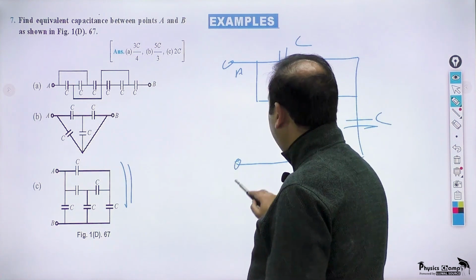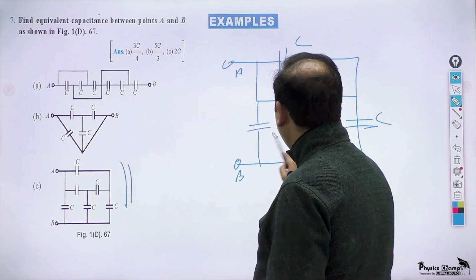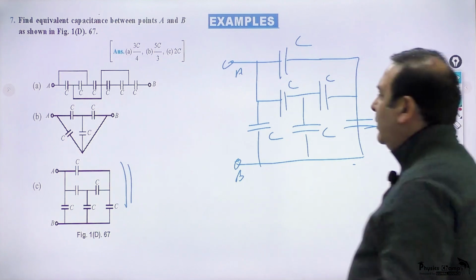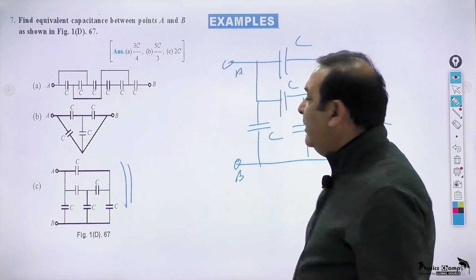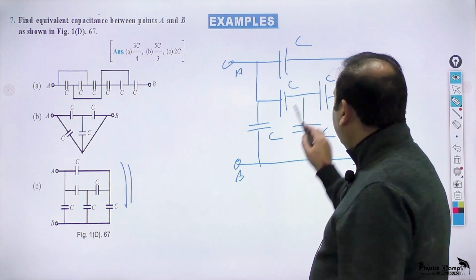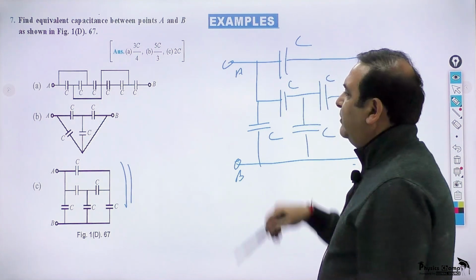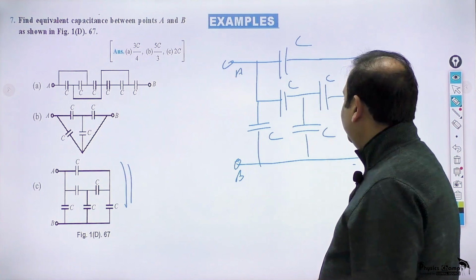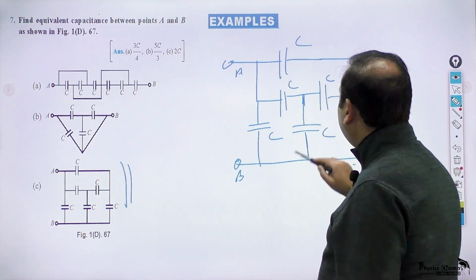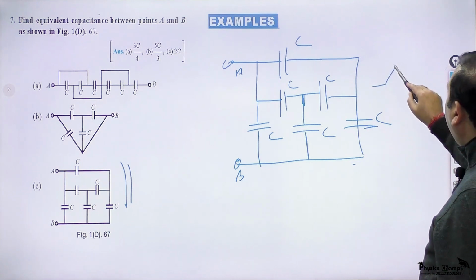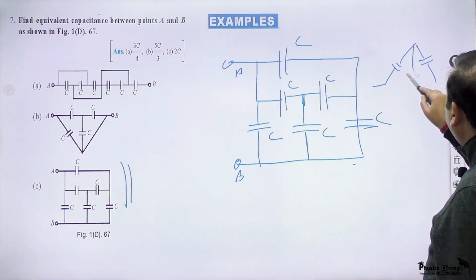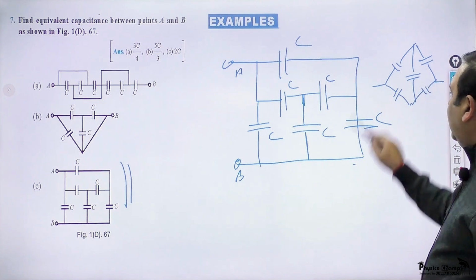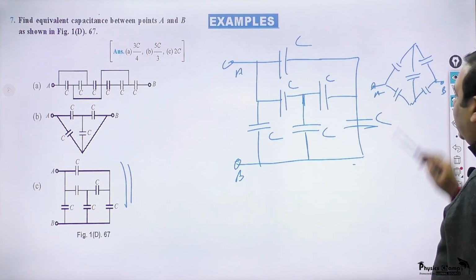This is B and you have a capacitance C. Now here one thing you may make a mistake, and that is you may treat this part as a Wheatstone bridge. But it is not a Wheatstone bridge, because in a Wheatstone bridge A and B should be so connected. A should be here and B should be here.